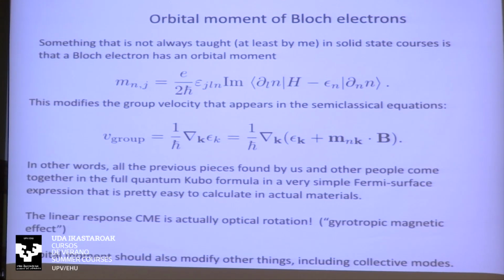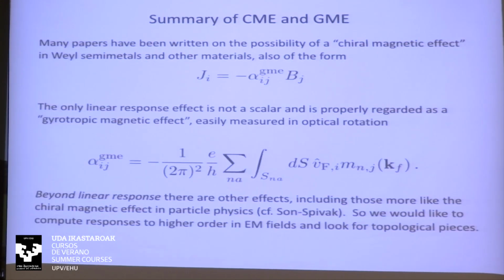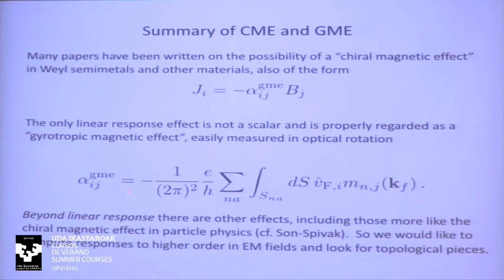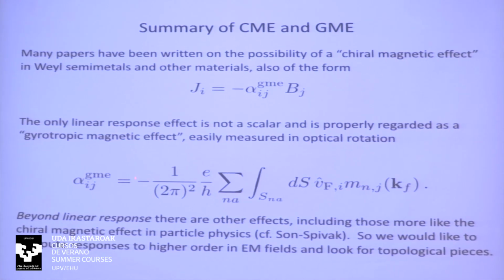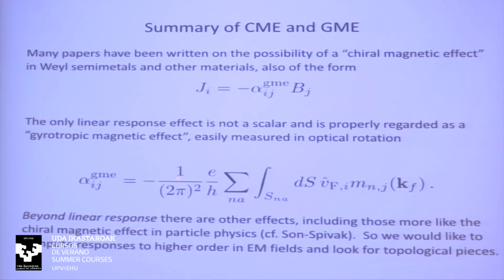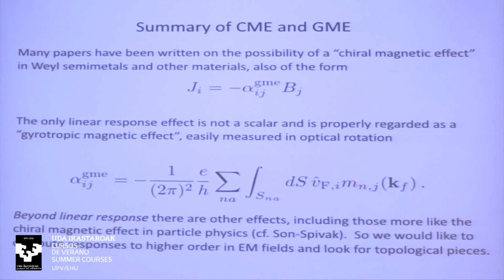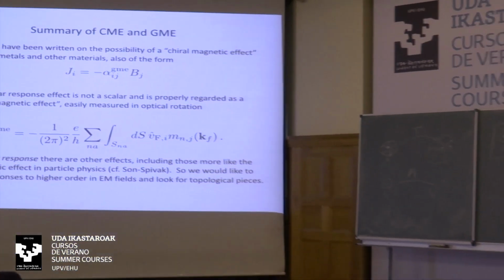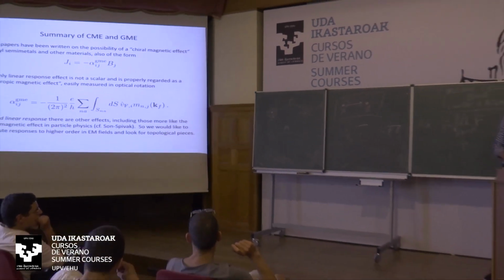And that gives the formula that I wrote down a second ago, that the response at low frequency, the optical rotation of a material, which is the only sense in which chiral magnetic effect is meaningful, is given by the integral over the Fermi surface of the orbital magnetic moment. And for Weyl semimetals, that takes a simple form, but it's not particularly quantized or anything.